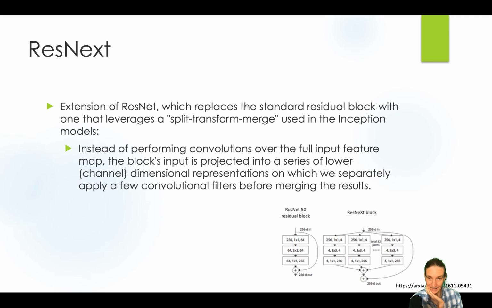Okay, so what's next? We have ResNeXt, for instance, which is an extension of ResNet and basically replaces the standard residual block with something that leverages the split-transform-merge strategy that we saw in the Google Inception models. Instead of performing convolutions over the input feature map, the block's input is projected onto a series of lower dimensional representations, to each of which we separately apply a few convolutional filters before merging the results.